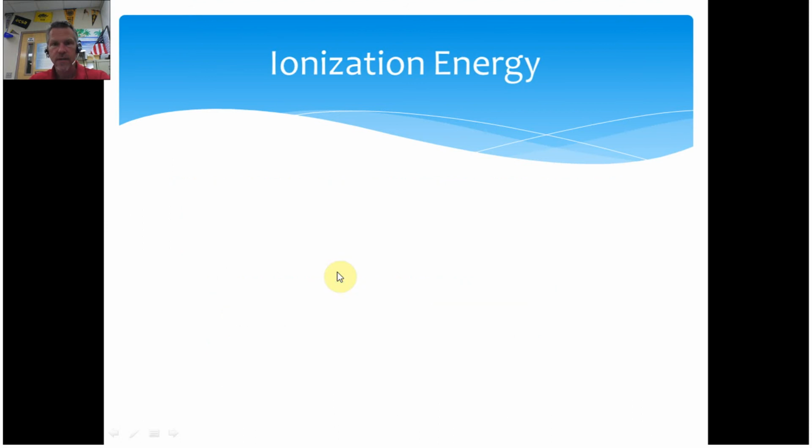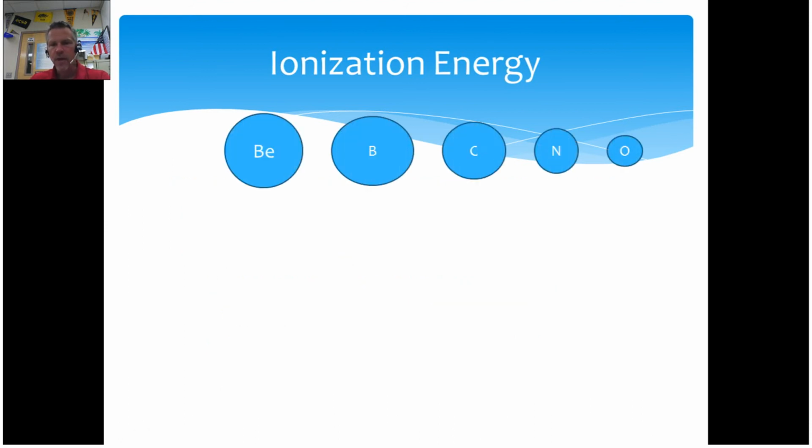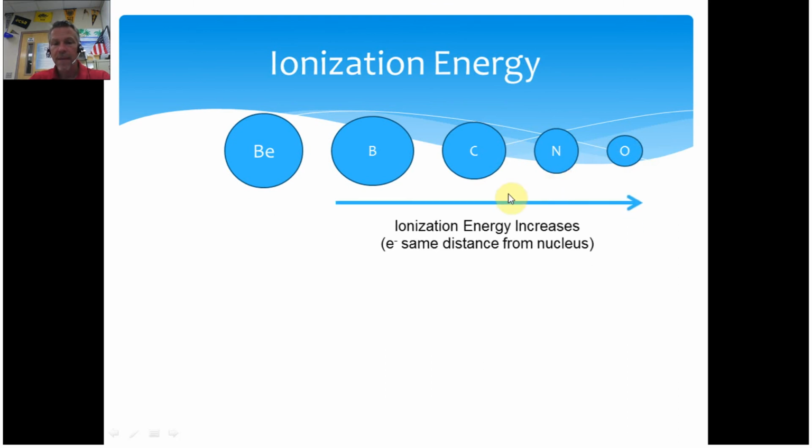All right, so let's see a graphic for that. So here we have some atoms: beryllium, boron, carbon, nitrogen, oxygen. We're moving across this period, and you'll remember, as you move across a period, the atomic size decreases, right? And as we move from the left to the right, the ionization energy increases.